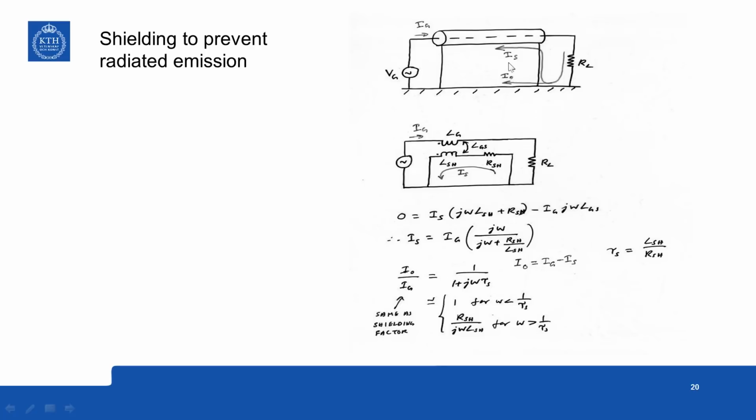So I0 by IG is the same as the shielding factor, and that is equal to 1 by 1 plus j omega tau s. This you can find from this expression here. Then which will be equal to 1 for omega far less than 1 by tau s, and RSH by j omega LSH for omega greater than 1 by tau s. So very similar kind of equations you get when you analyze the shield to prevent radiated emission.